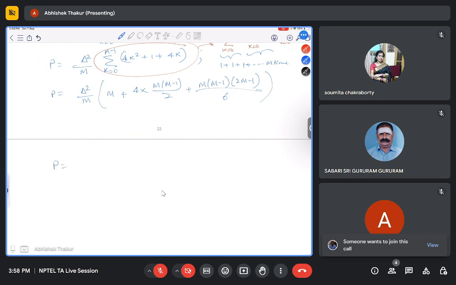So we can write now P is equal to delta square by M, or we can cancel this M here directly, because in every term there is one M value.